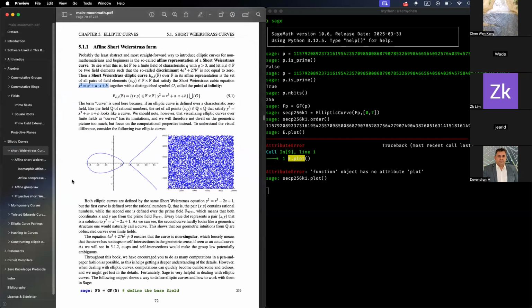If you look at this graph that they provided, there's no intersection of the graph.